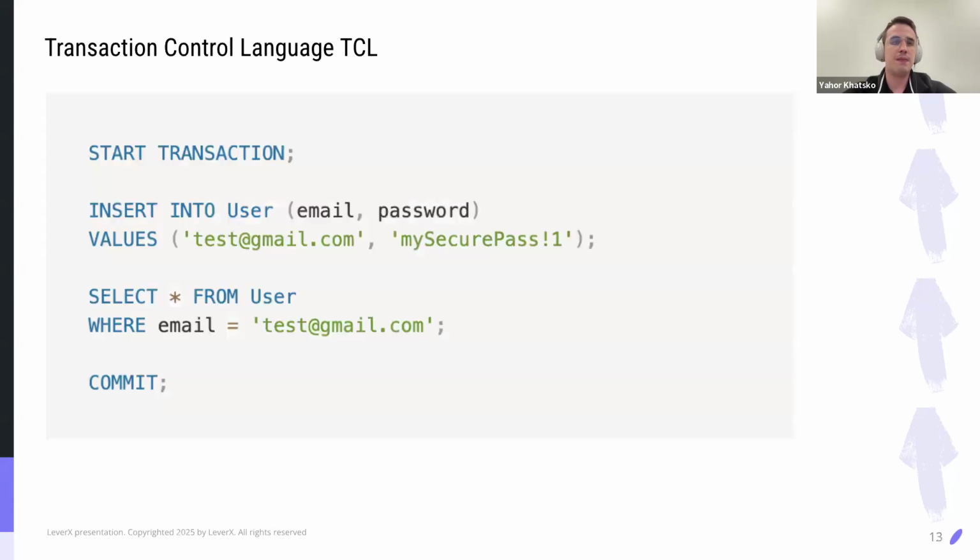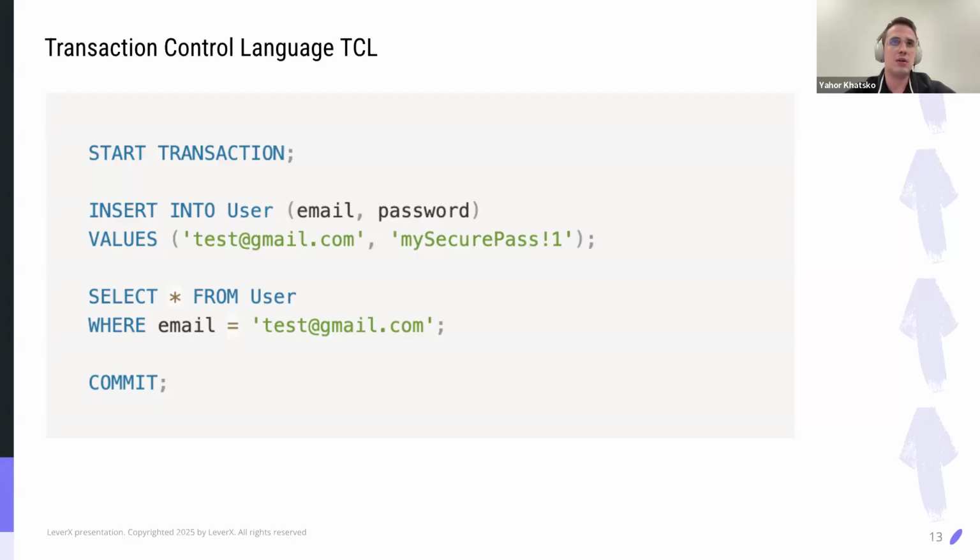It looks like this. We are starting the transaction. The database automatically will create some kind of unique ID, but you can also, as I remember, specify the ID for the transaction. And basically you are putting some kind of code, I mean the SQL code, here.